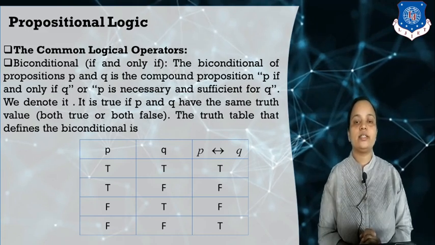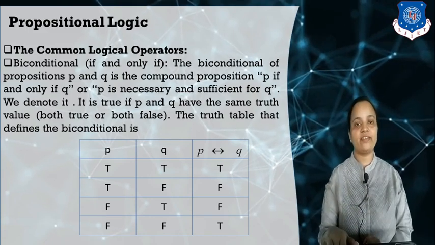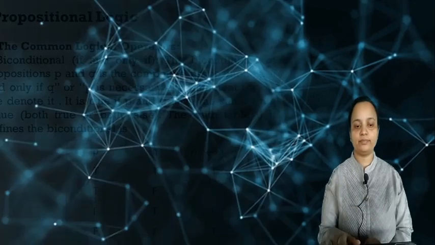Here you can see the truth table for P double implies Q. This is the biconditional operator.